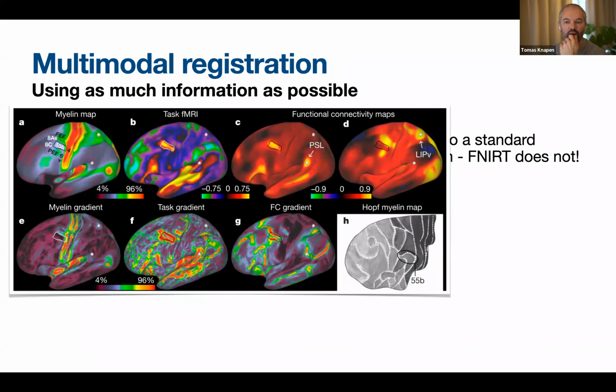One of the ways in which people have started doing this is to take, for example, different types of anatomical information, different types of task MRI, different things like functional connectivity, and then inform this co-registration across subjects using this type of information. I think I spoke about this before.